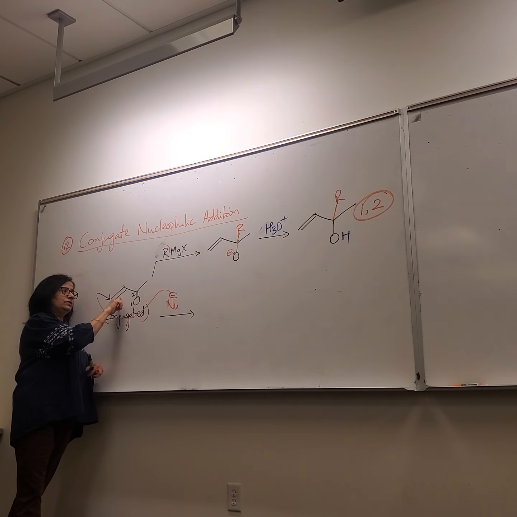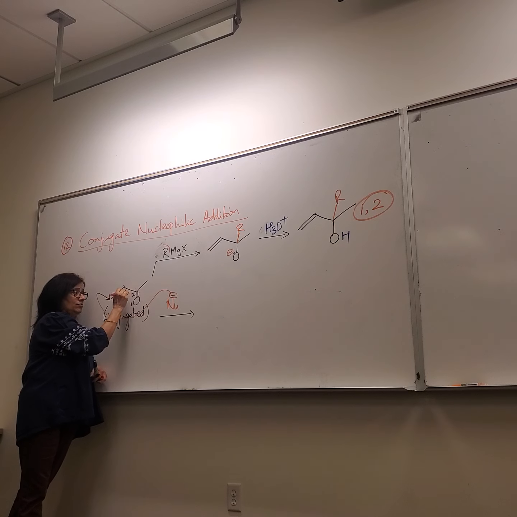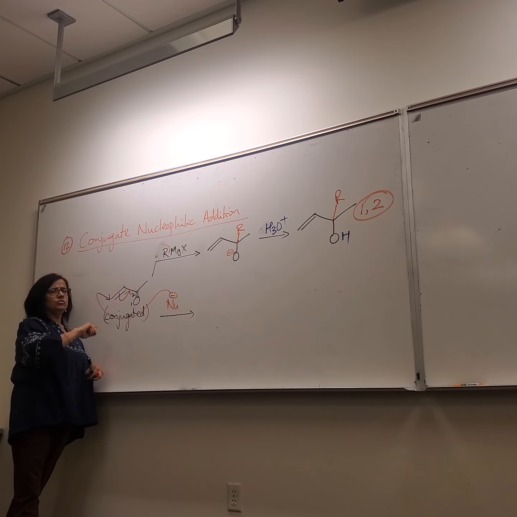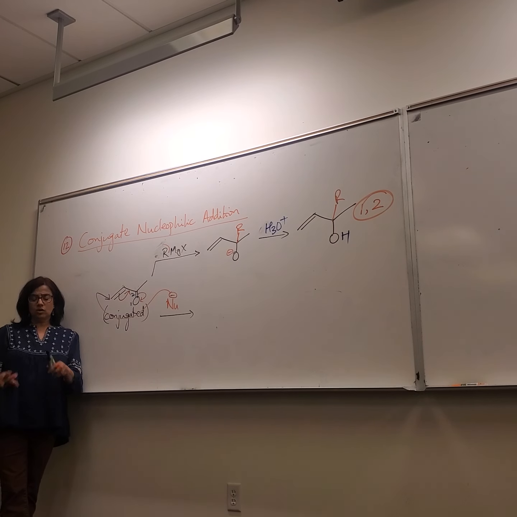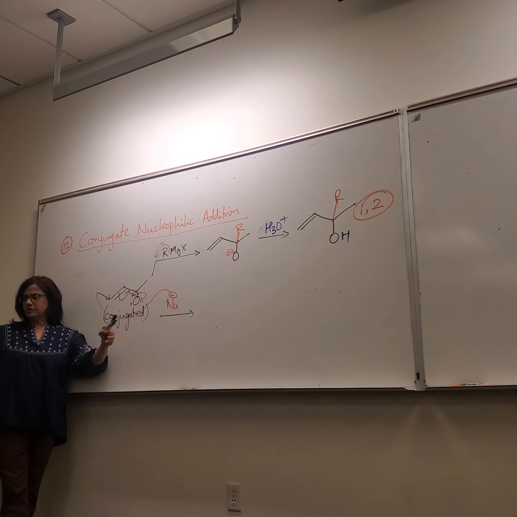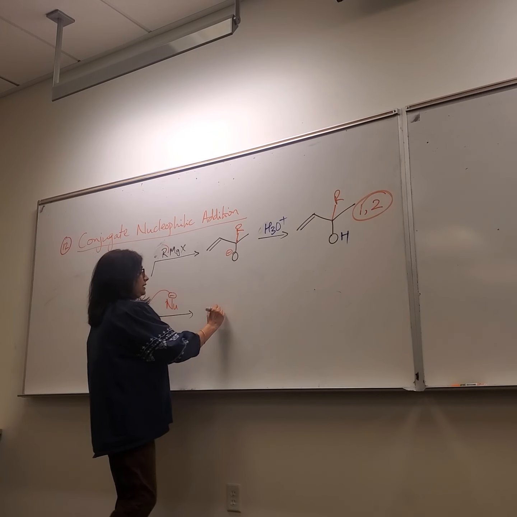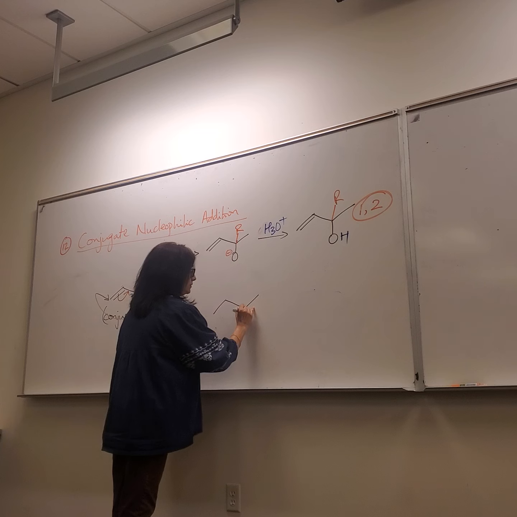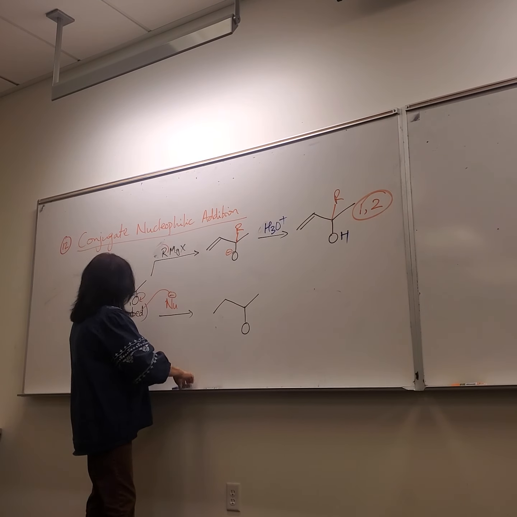Then what happens to the pi bond here? It breaks and moves over. Why? Because there's resonance. It's all resonance, that's why it's conjugated, because it's delocalized. What does that create? What is the intermediate once that happens? The pi bond is shifted over.